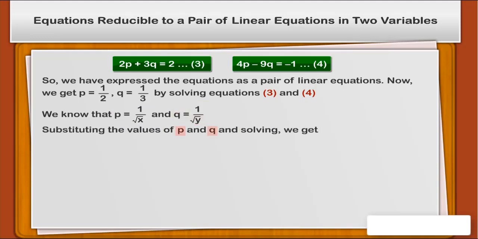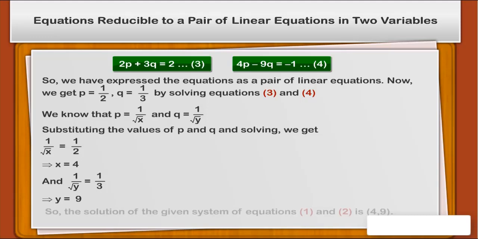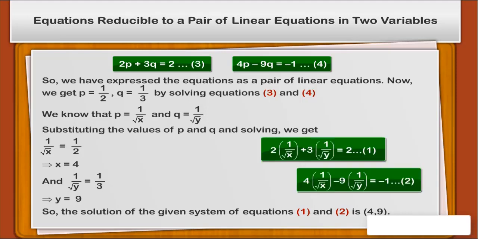Substituting the values of p and q and solving, we get 1 upon under root x is equal to 1 upon 2, which implies x is equal to 4, and 1 upon under root y is equal to 1 upon 3, which implies y is equal to 9. So, the solution of the given system of equations 1 and 2 is (4, 9).